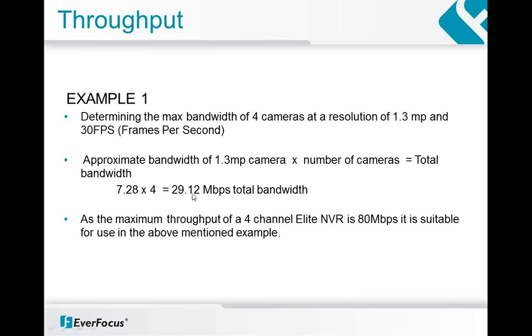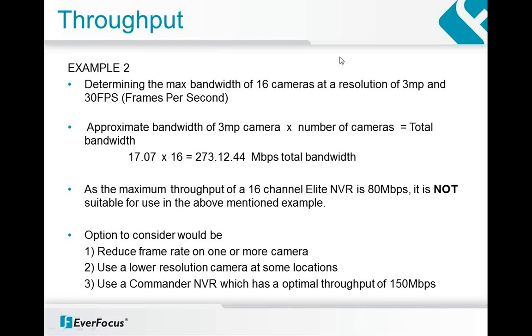That gives you 29.12 megabits per second total bandwidth. So in this application, I would probably recommend using an Elite Series NVR because it offers 80 megabits per second. So that would be a suitable choice there.